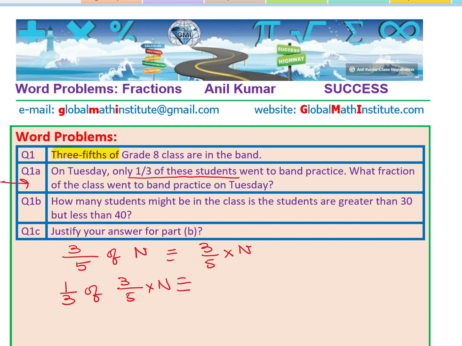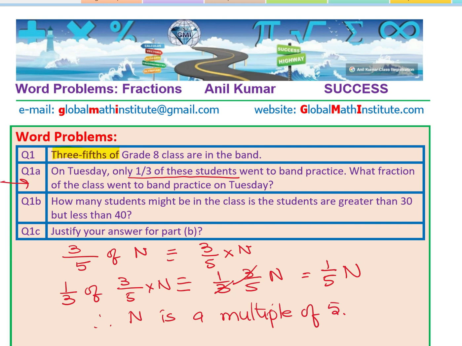So that is equal to 1/3 times 3/5 n. 3 and 3 cancel, 1/5 of n. Does it make sense to you? And that clearly means 1/5 of n cannot be a decimal number. So therefore n is a multiple of 5. Is that absolutely clear? So once you've done the question, also go back and see, is it what was expected? A great question to answer.